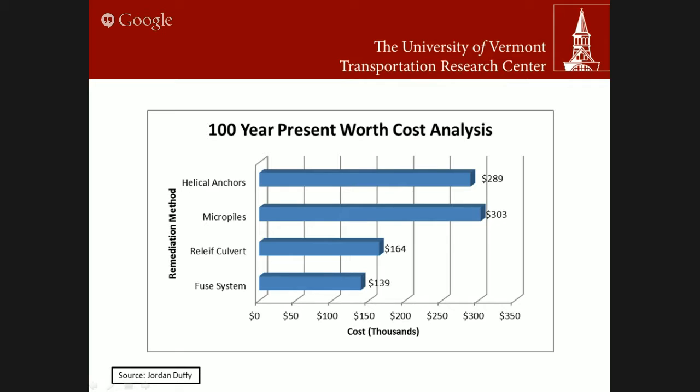And in addition, I was going through old senior design papers while we were doing this project, and found an old senior design project that had looked at another covered bridge where the embankment was consistently washing out during large flow events. They also performed a do nothing option, which was basically the same thing as the fuse, right?